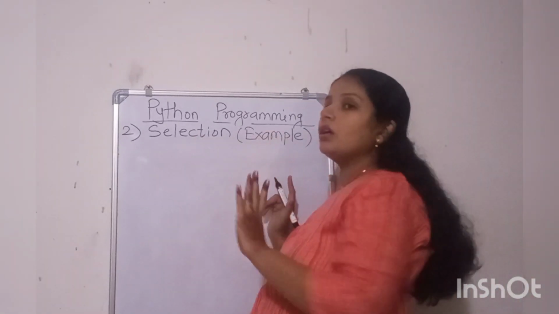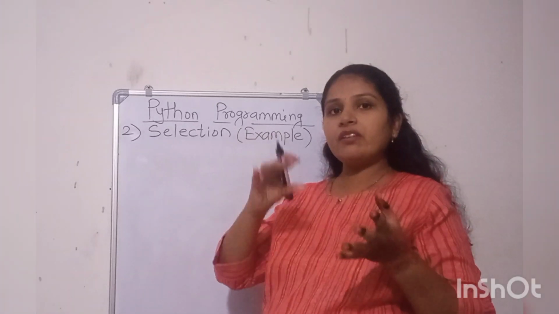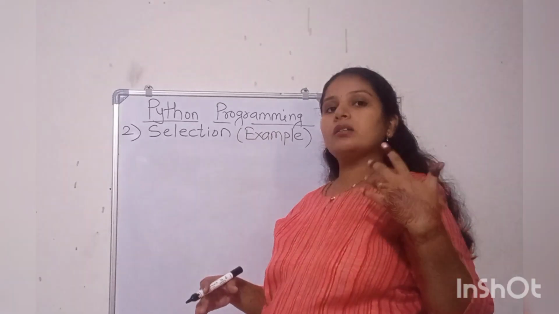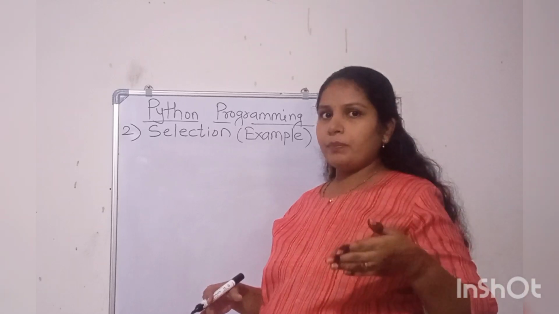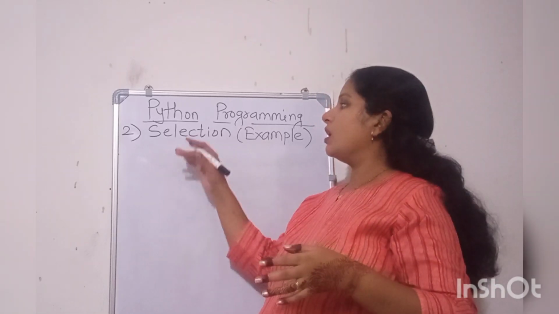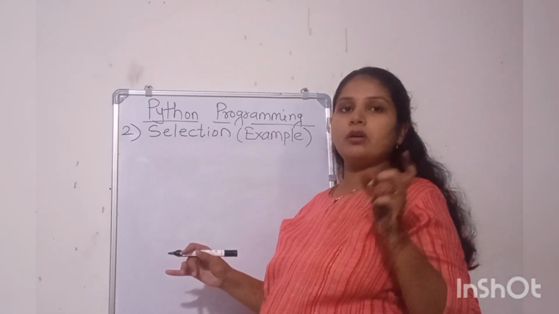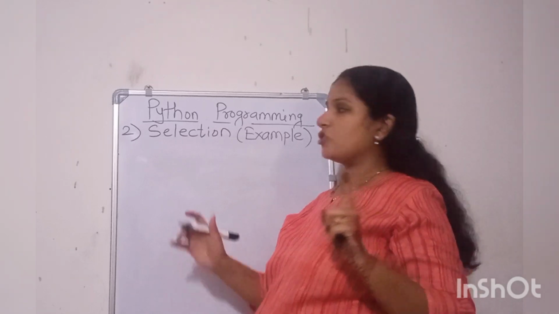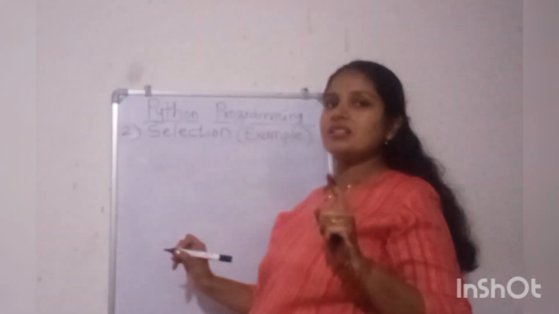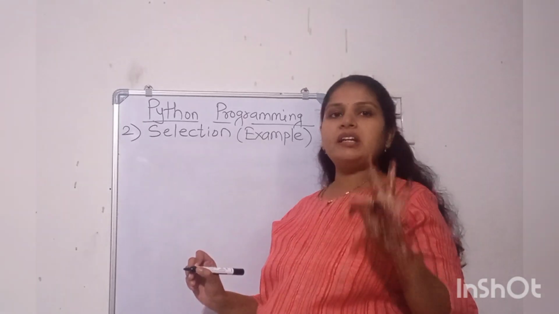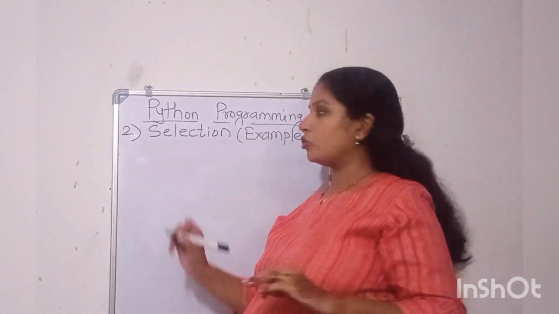So selection means whenever we need to select statements among many conditions or actions, we are going to use the if condition. Here in the selection statements, three types of statements we are going to use.